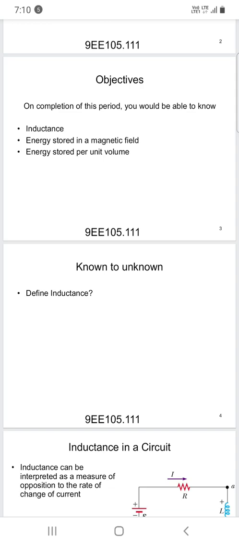So here we have to learn about inductance in circuits, energy stored per unit volume, and energy stored in the magnetic field.